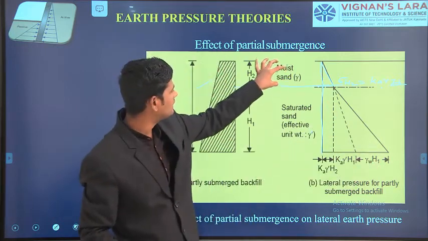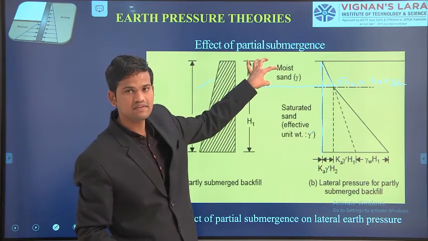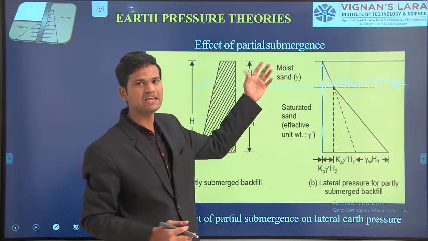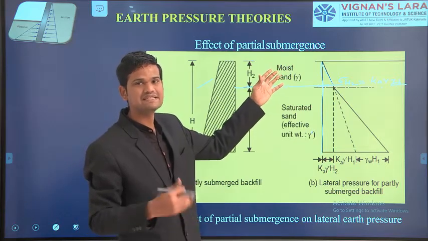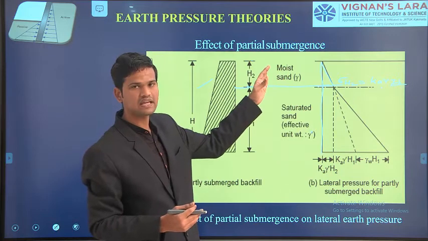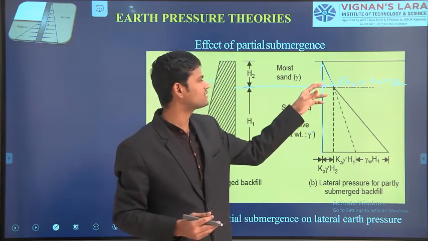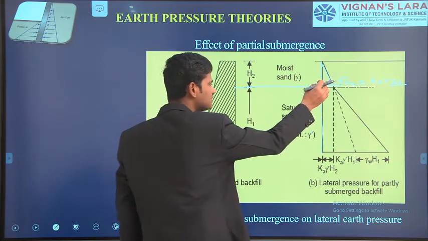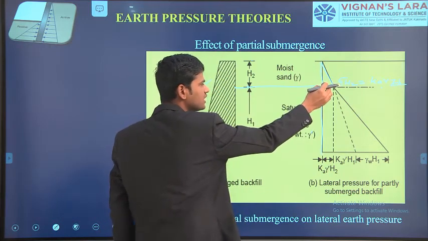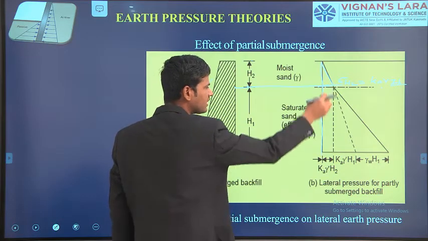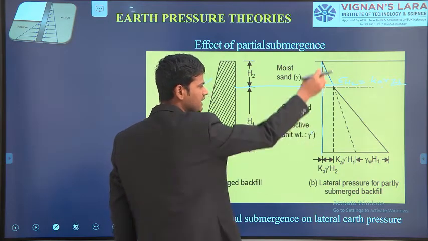The soil in H2 may be some type of soil, either moist sand, clay, dense sand or very loose sand. Based on the soil condition here, the horizontal pressure may act in a triangular portion. After this linear portion of the depth, the pressure will be transferred like this only.